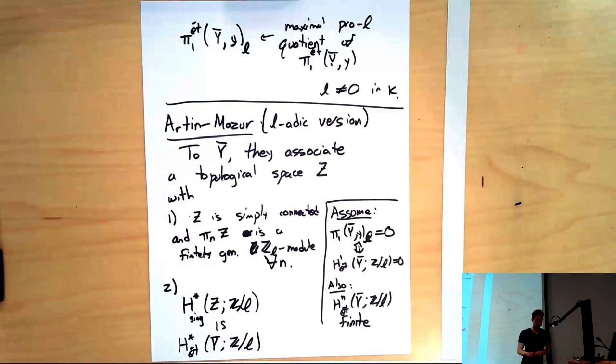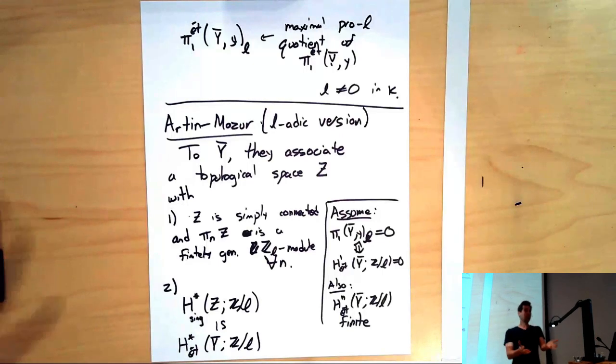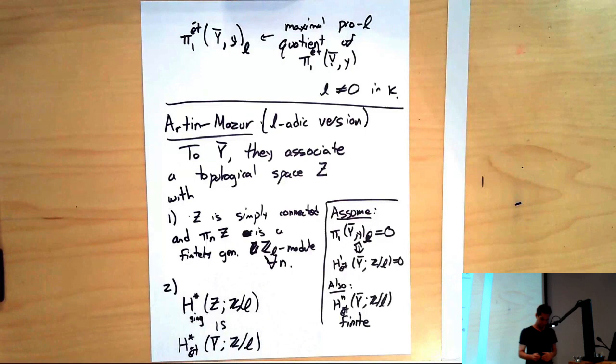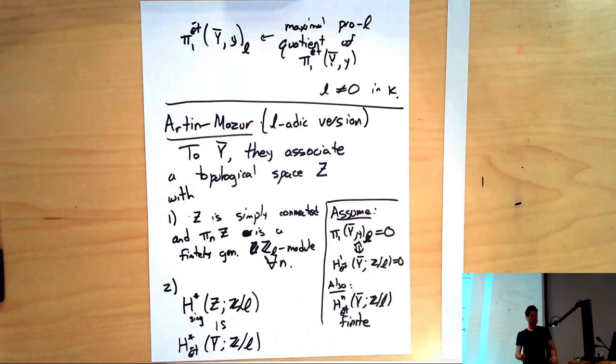So if you think of étale cohomology as some way of making sense of invariants like singular cohomology in algebraic geometry, in cases where singular cohomology literally would not be a sensible thing to do, the Artin-Mazur construction is something which elaborates on that.